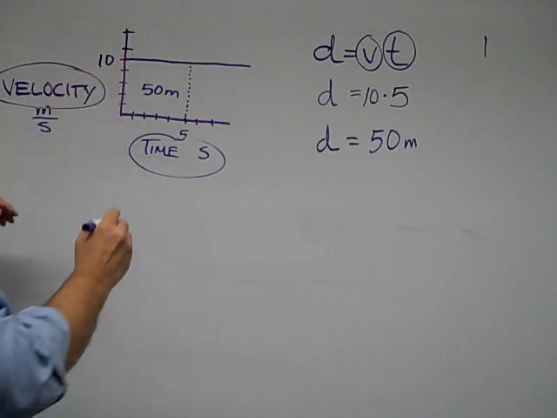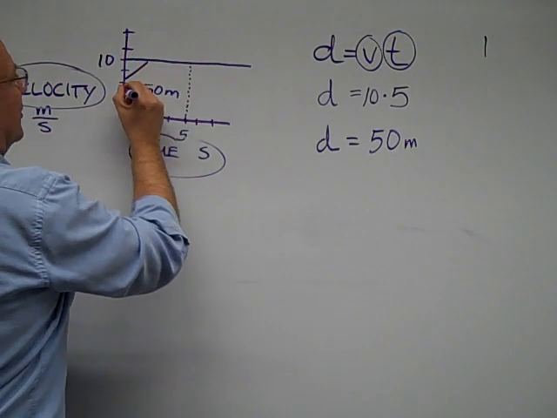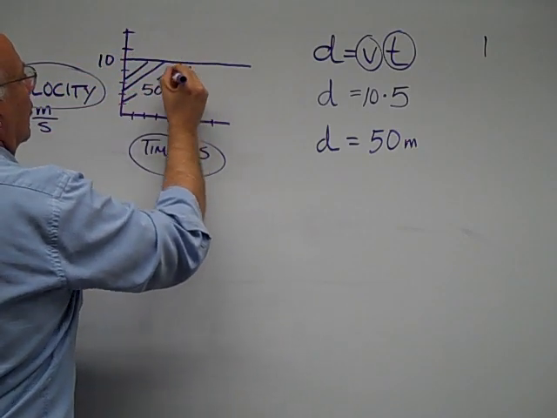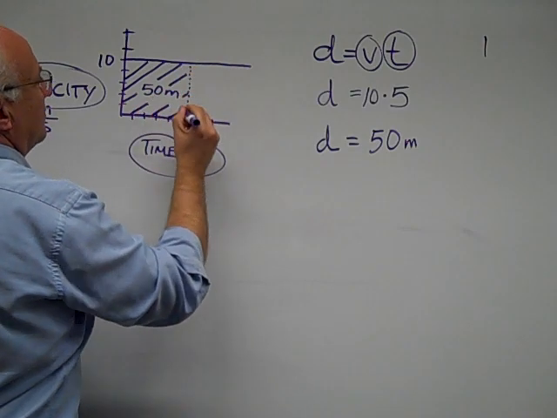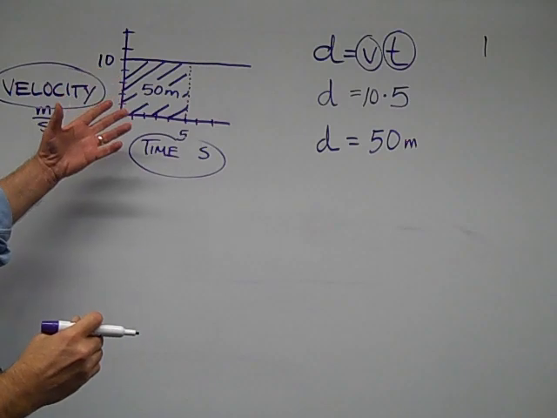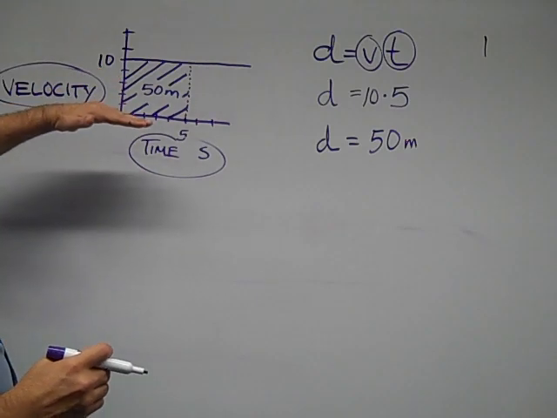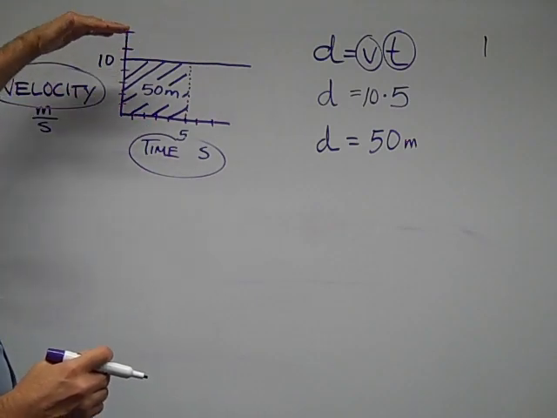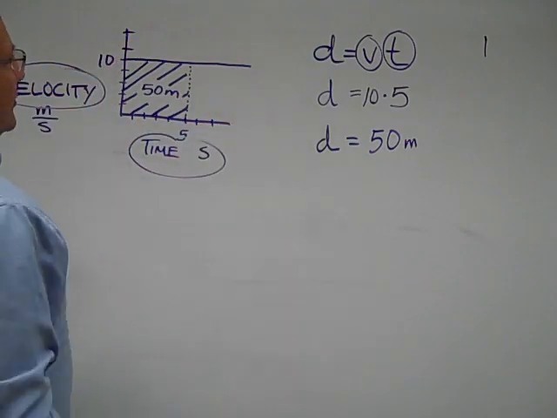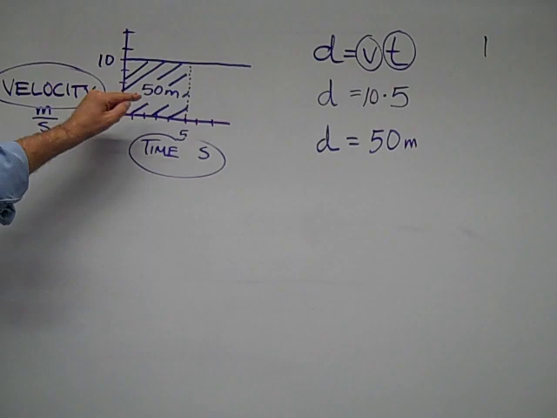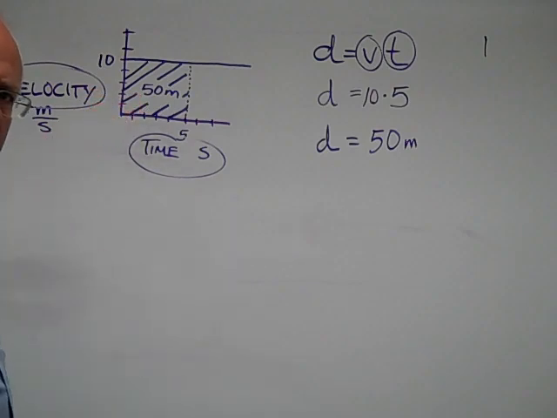You'll notice that 50 meters is the area of this graph, or of the shaded region. So it follows that the area under the velocity time curve, I call this a curve even if it's a straight line, is equal to the distance that an object has traveled.